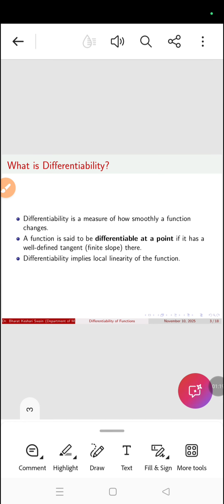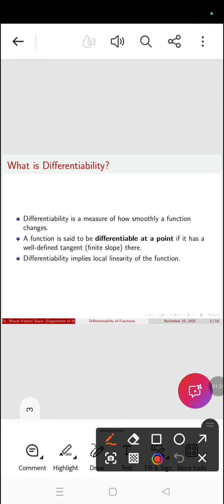So, what is differentiability? It is a measure of how smoothly a function changes. That means it may increase, it may decrease. So it will change, and that will be studied by this topic.